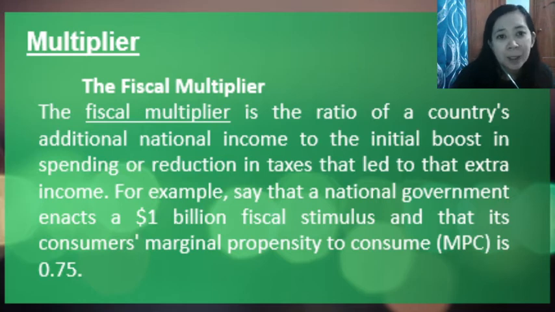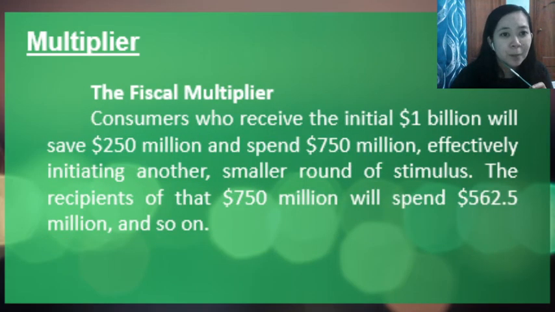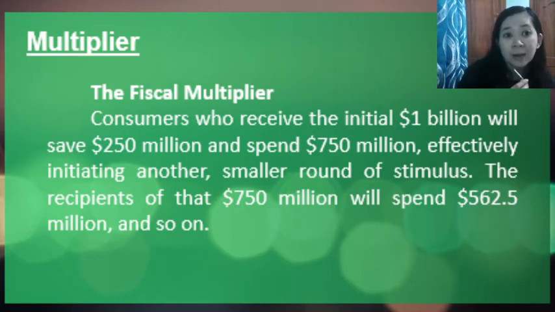Say a national government enacts a $1 billion fiscal stimulus, and its consumers' marginal propensity to consume is 0.75. Consumers who receive the initial $1 billion will save $250 million, and they will spend $750 million, effectively initiating another round of spending.